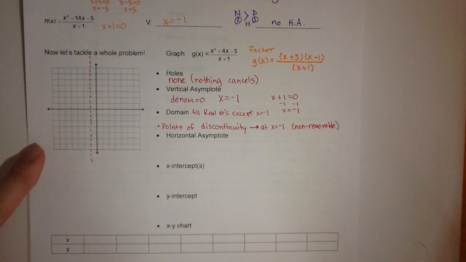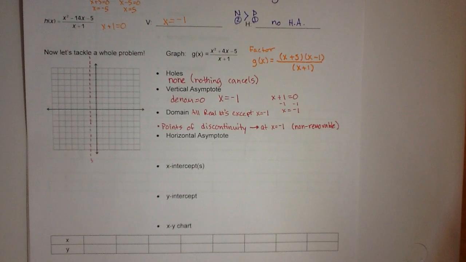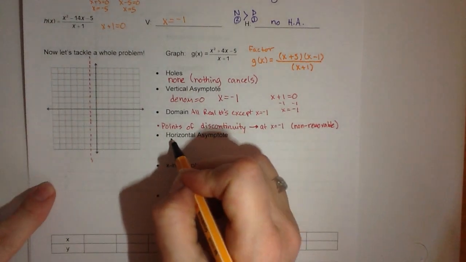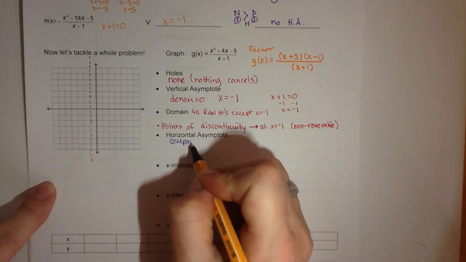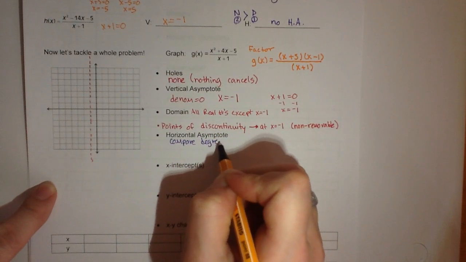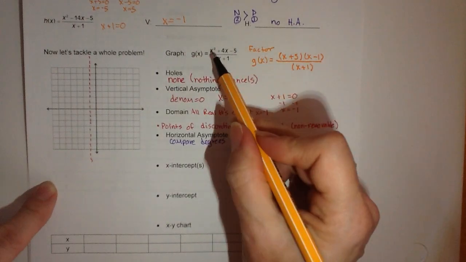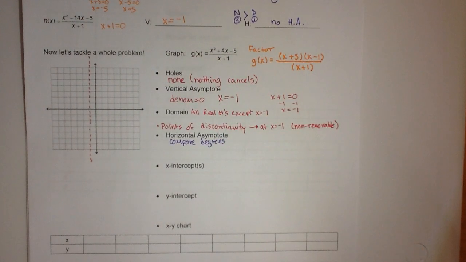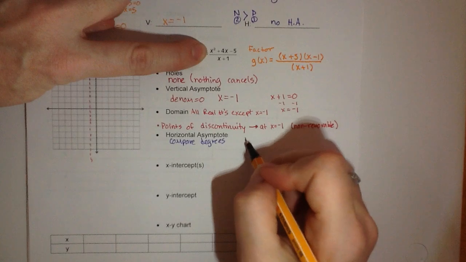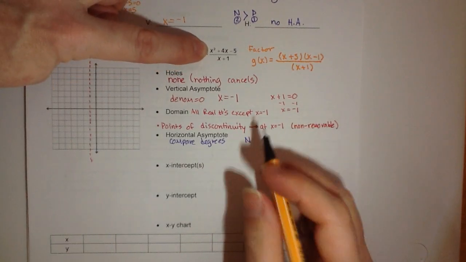Horizontal asymptotes. Remember, we get those by comparing the degree of the numerator to the denominator. So we are going to compare degrees. And we want to do that from the original function, not from the factored. So the numerator in our original function was x squared.